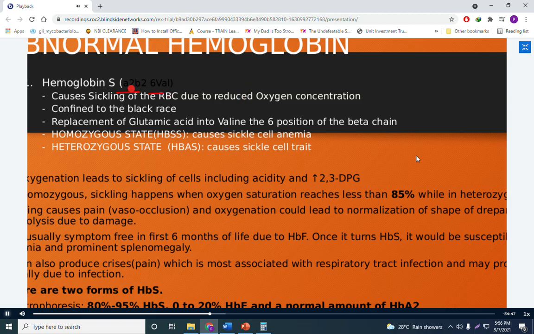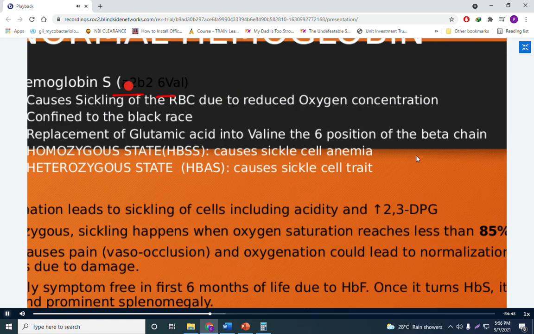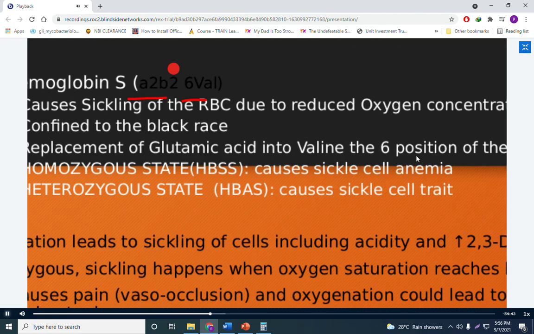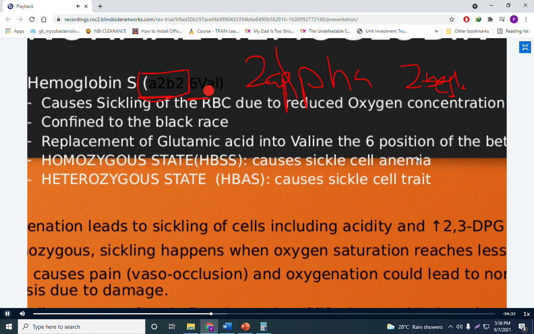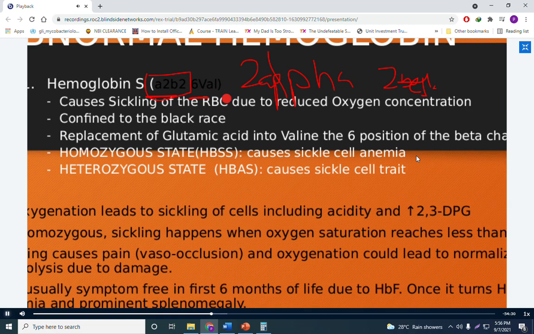Now, your alpha 2, beta 2 here in this part, this represents your globin chains. So, 2 alpha, 2 beta. Now, the 6 valine, I'll discuss this in a bit.